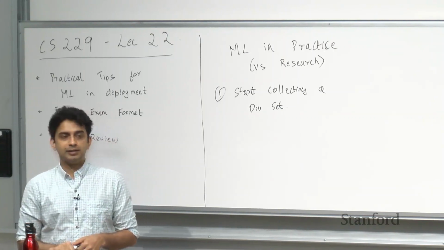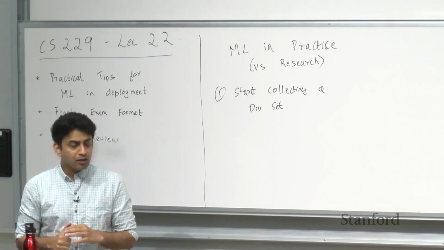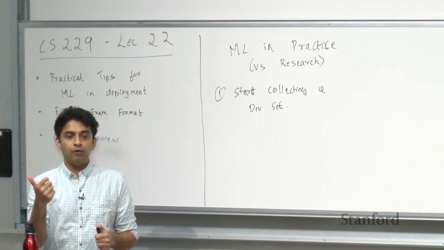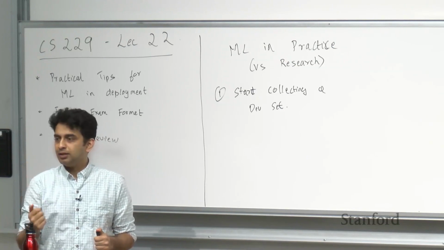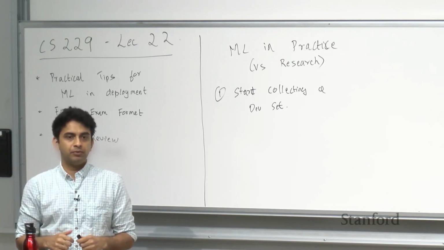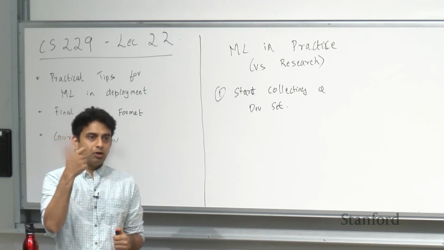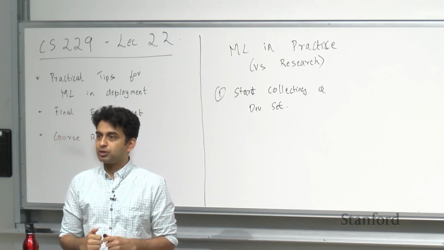For the sake of an example, let's say you're building a phone-based app that recognizes things in the pictures that you take. The first thing you want to do is start collecting pictures from mobile phones, right?